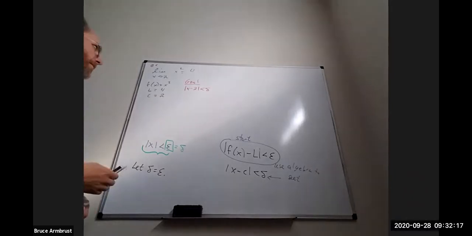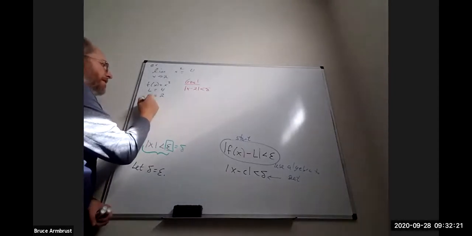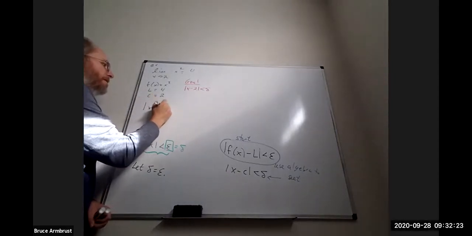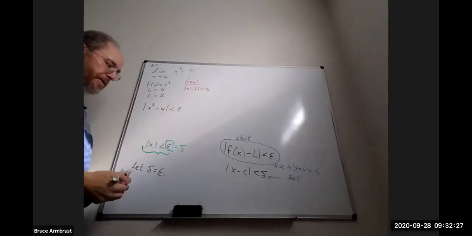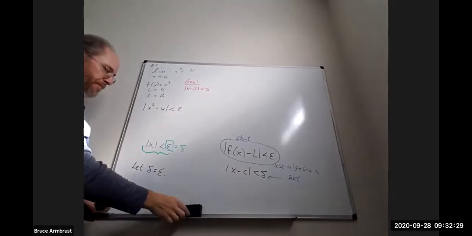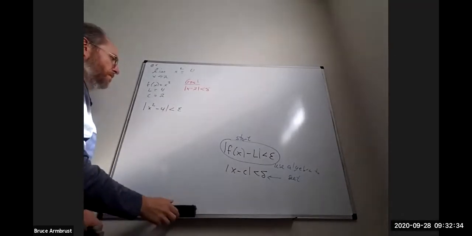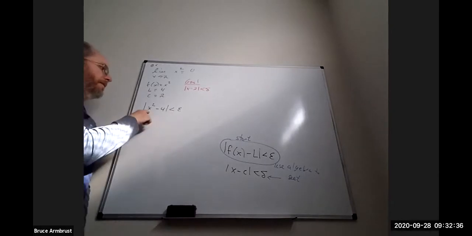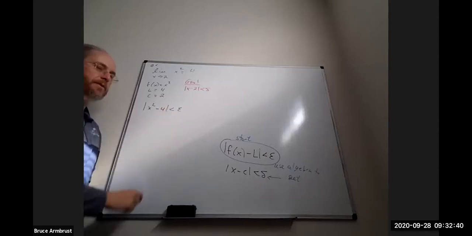What we're going to start with is the absolute value of x squared minus 4 is less than epsilon. So that was our f of x minus L less than epsilon.